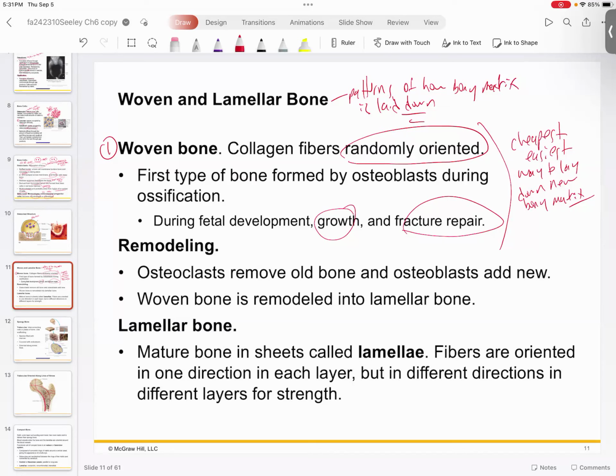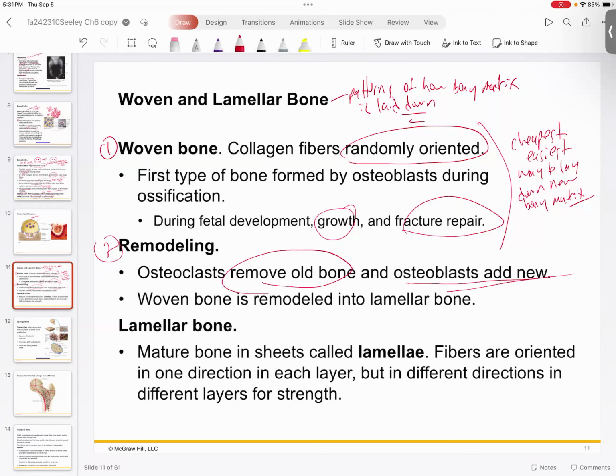Then after you lay down the woven bone, you go through what's called remodeling. This is where the osteoclasts come in. The osteoclasts will come in during the remodeling process and remove all the old bone, and then the osteoblast will add new bone.